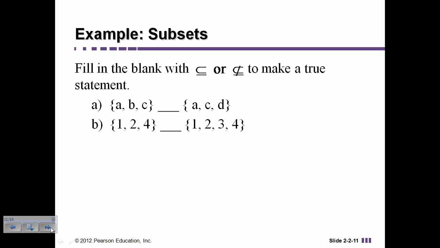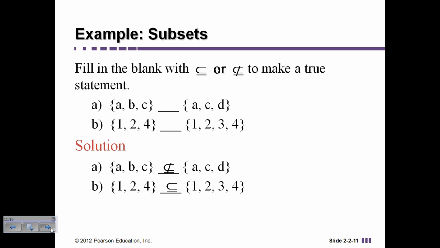But in the second example, 1, 2, and 4 are part of the other set. Now 3 is not in the first, but it contains 3 of the elements that are in the second set. So in this example, the first set ABC is not a subset of ACD. But the elements in the set 1, 2, and 4 are a subset of the set 1, 2, 3, 4.